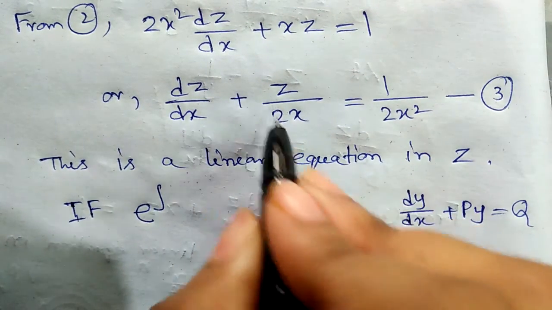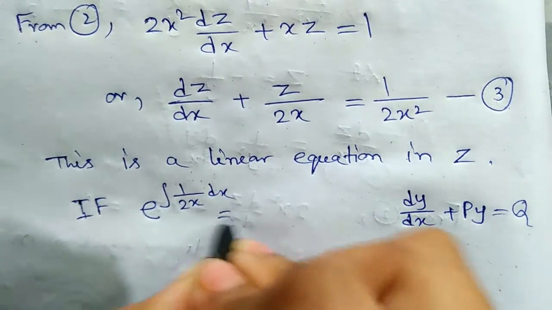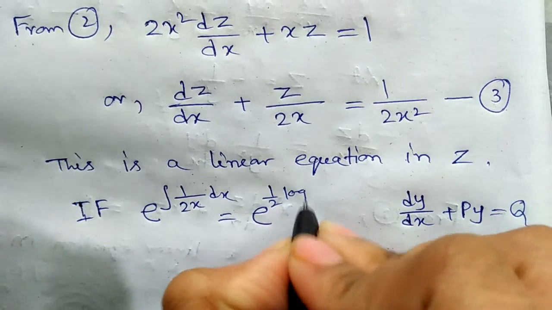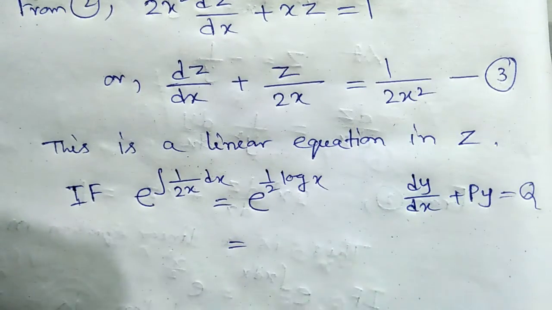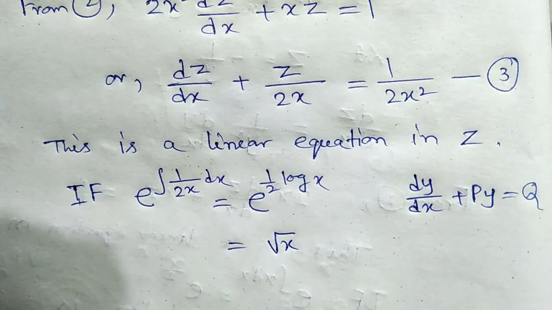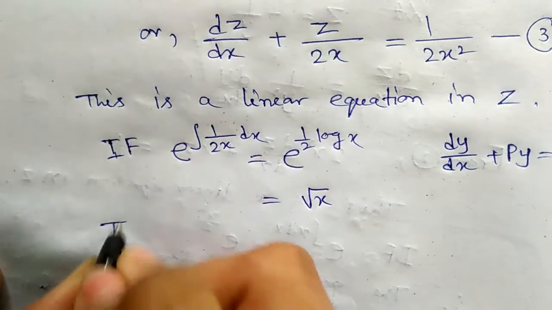Here the integrating factor will be e to the power integration p dx. So p is 1/(2x), integration of p dx, that is e to the power half log x, and this is root over x, right? Okay, next the general solution.